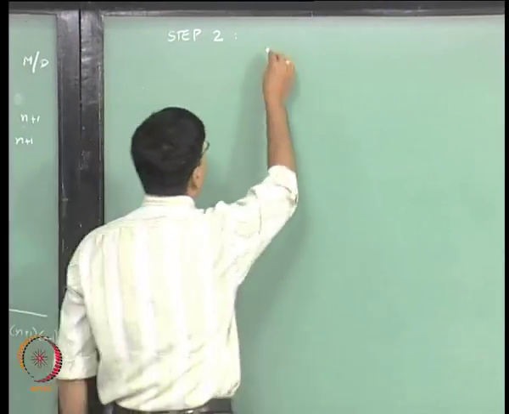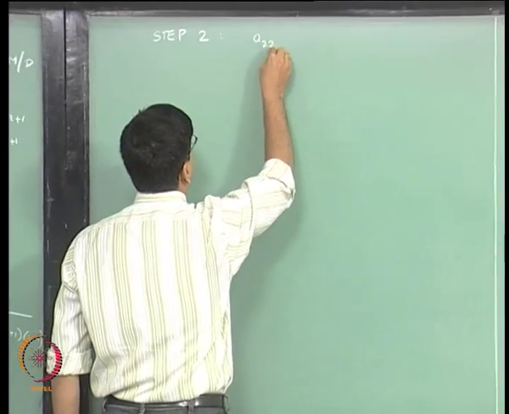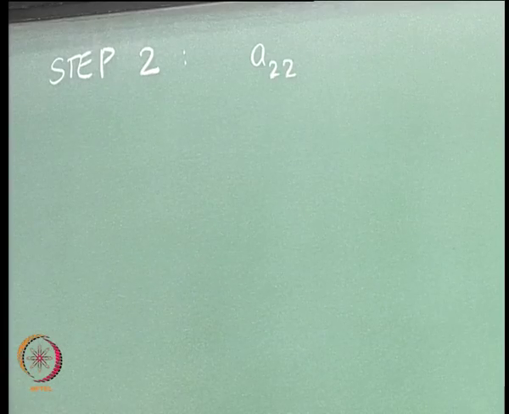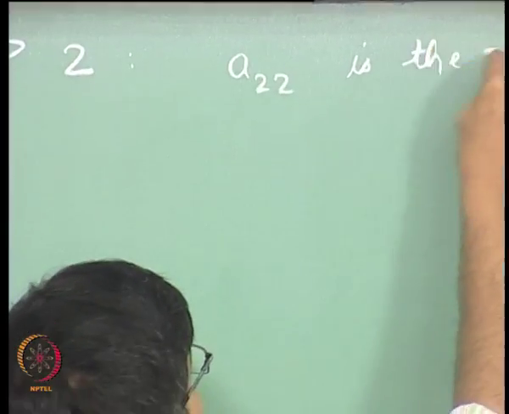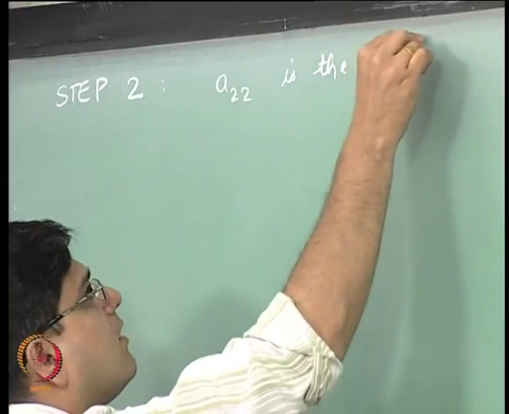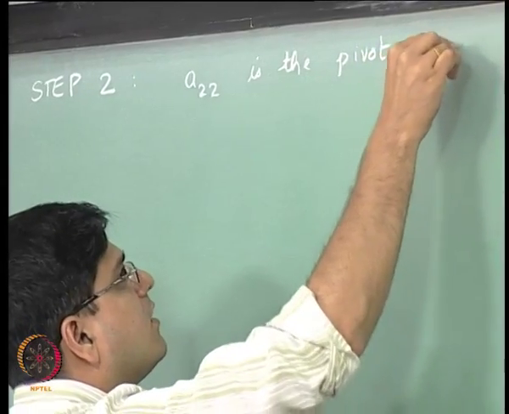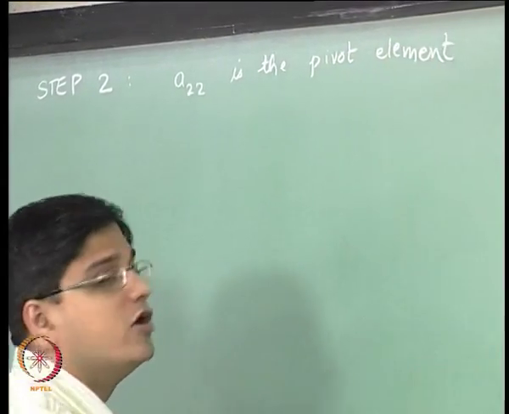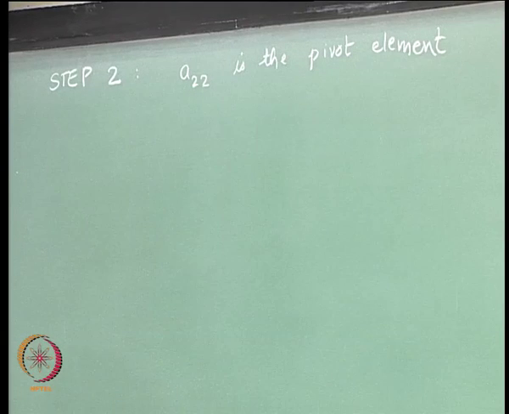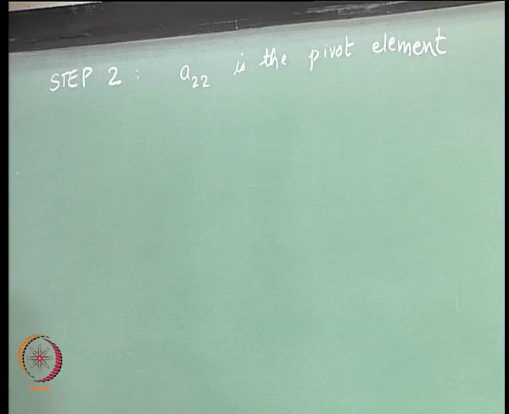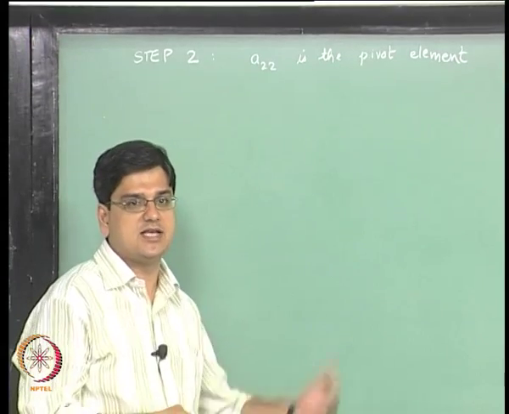Okay. In step 2, A22 is the pivot element. Okay. Keep in mind that when we write an algorithm for the Gauss elimination method, we do not create separate A matrices at each step.